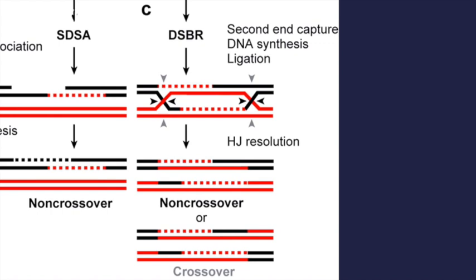So what happens is the 3' overhang dislodges one of the strands of the undamaged DNA. One strand of the undamaged DNA acts as a template for the first part of the damaged DNA strand, and the second part acts as a template for the second damaged strand of the DNA. So both the damaged strands want a template in the undamaged strands of the sister DNA.